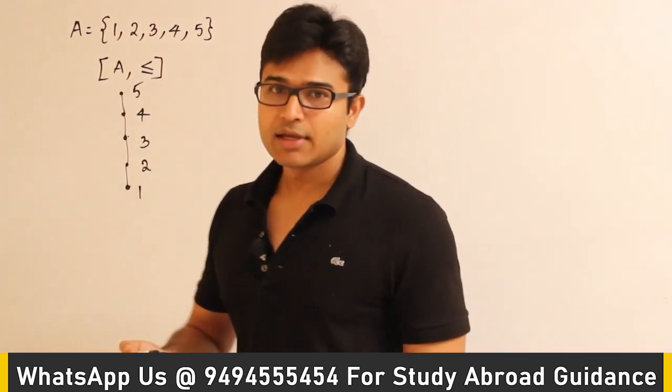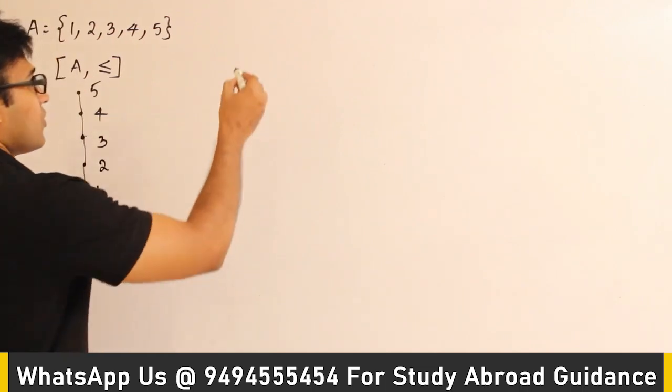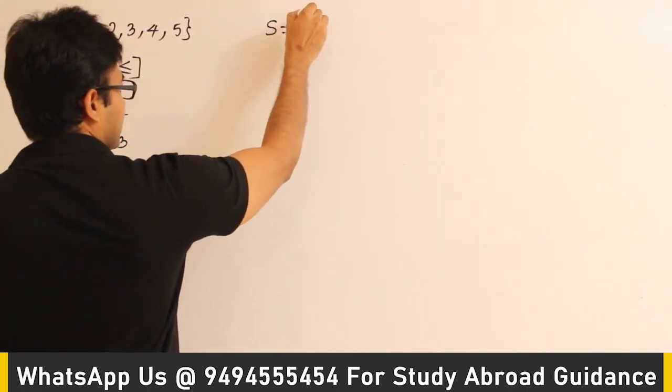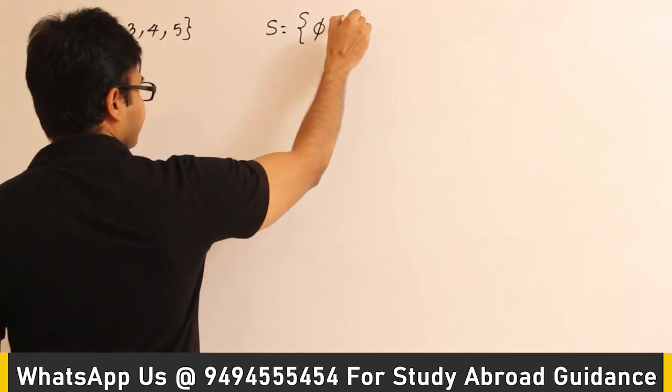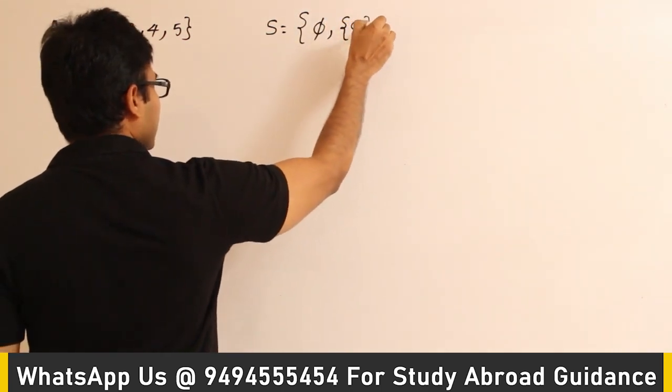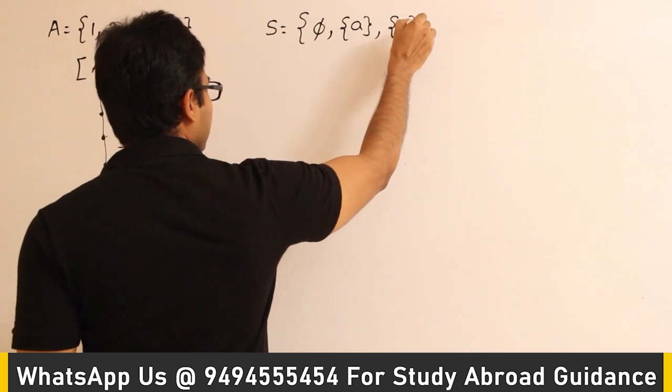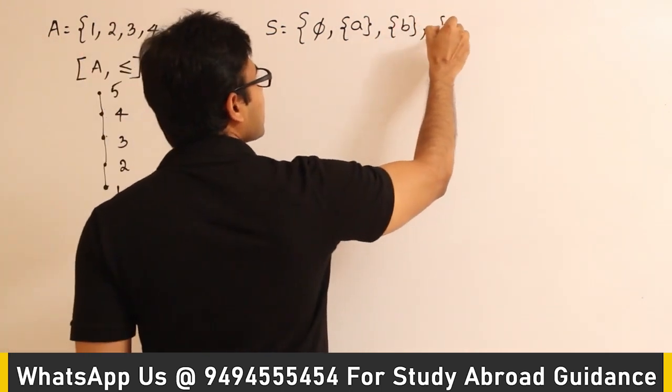Let us assume that S is a set of sets, a set containing sets: one is phi, another is A, another is B, and another is AB.